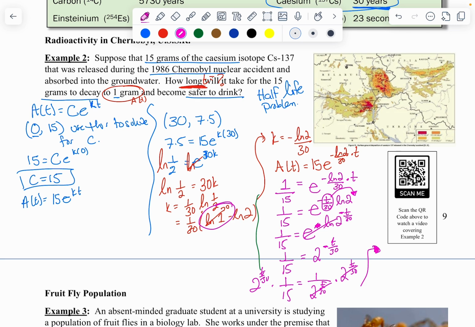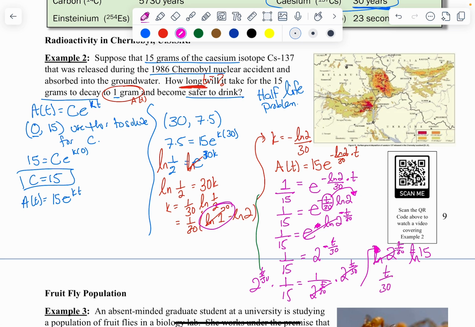And multiply both sides by 15. So we got 2 to the t over 30 is equal to 15. Now we can take the ln of both sides.